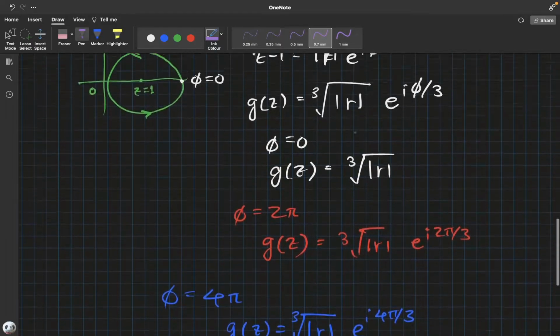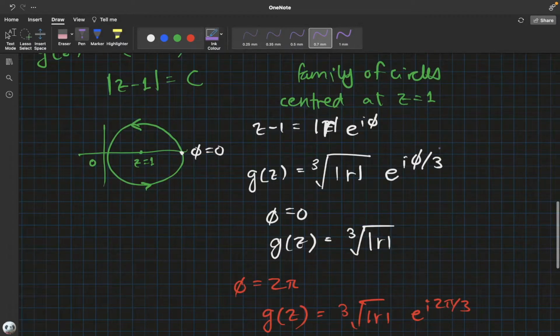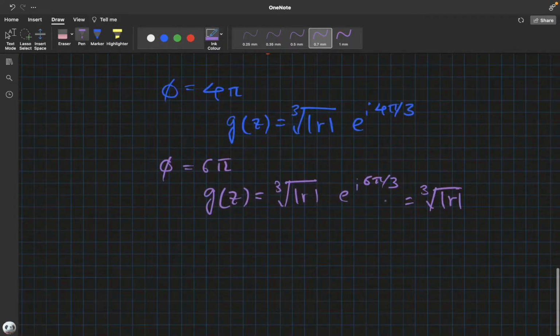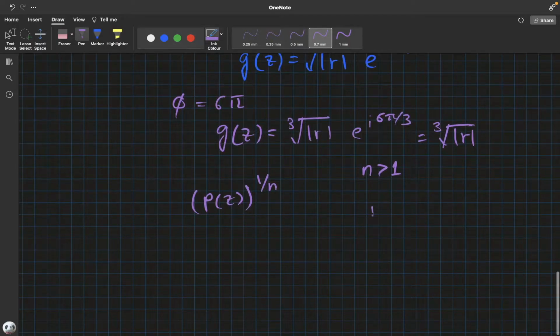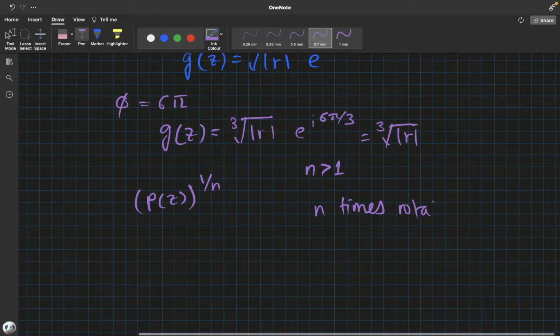So you notice this cube root, or whatever we divide the phase by, has to do with the number of rotations we have. Assuming you have some polynomial raised to 1 over n, where n is greater than 1, then we have to do n rotations around specific points.